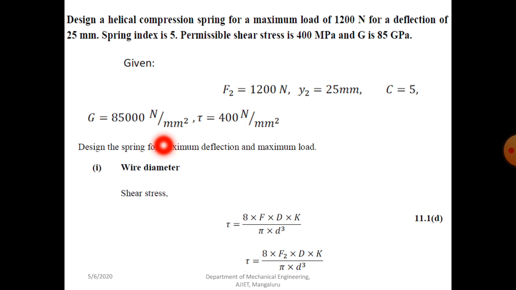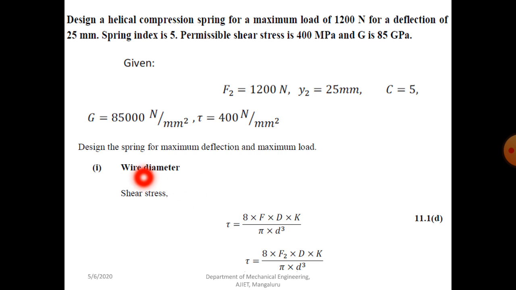Usually we have to design the spring for maximum deflection and maximum load if they are given, otherwise whatever load they give, you have to design for that load. Here the maximum load and maximum deflection are given, so you have to design the spring for maximum deflection and maximum load. The first thing we need to find out is the wire diameter.